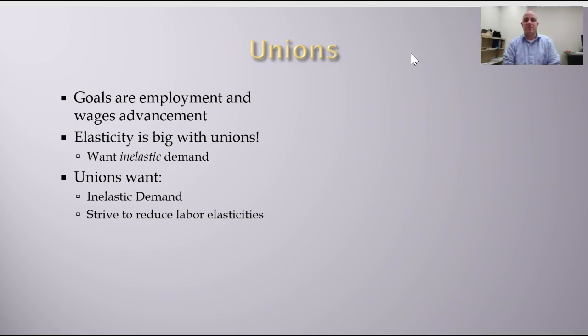Unions also want to find ways to reduce those labor elasticities, those wage elasticities of demand. They can do this by, for example, creating fewer substitutes. There's a lot of lobbying that happens with unions. They go down to Washington and push for stricter international trade standards.